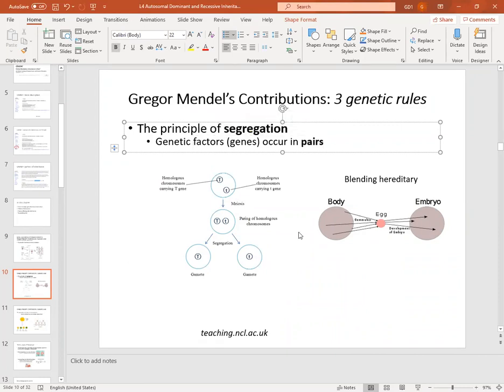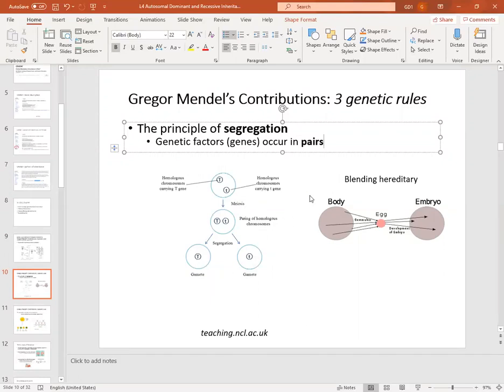This rule states that the genetic elements are in pairs, and each element will go to a different gamete, and they can later combine to become the zygote.